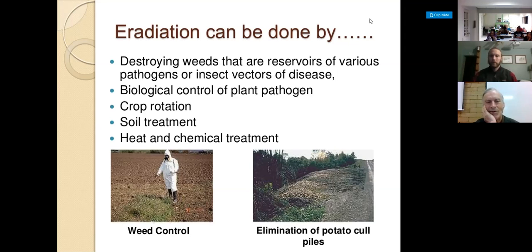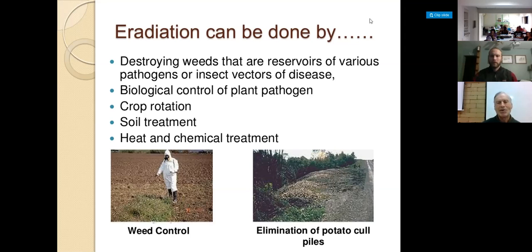So when you prevent a disease in your fields by spraying EM on your crops, that's using a biological control. The bacteria in the effective microorganisms will live on the plant surface, and that will help to prevent the pathogen from taking over there.